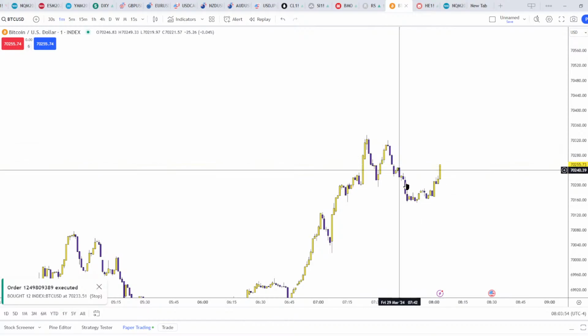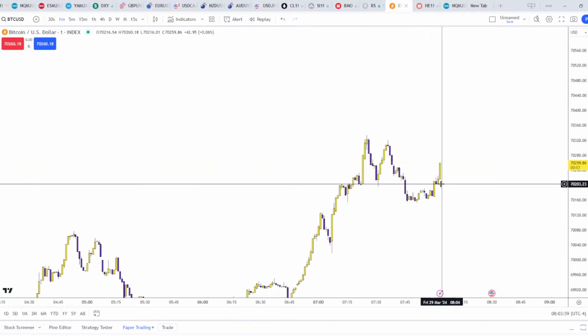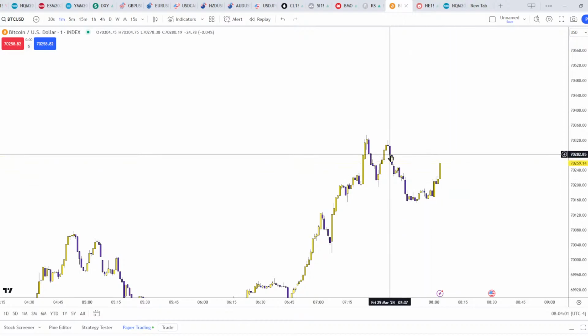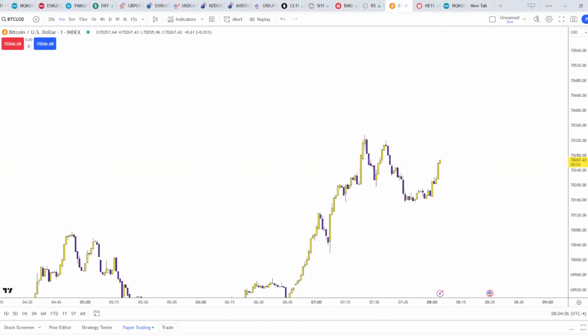So now I'm looking for a run back up into here. So now we've got this body breaks above here. If we get back into this run here before hitting this, then looking at this inversion here now.